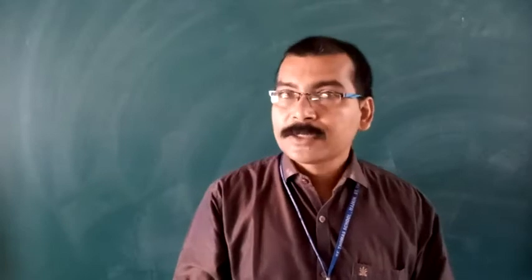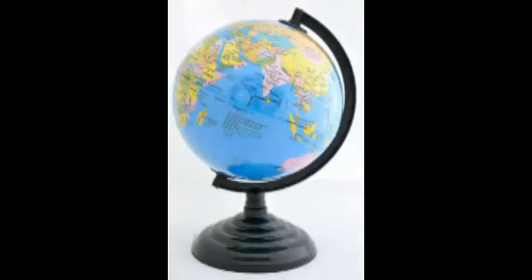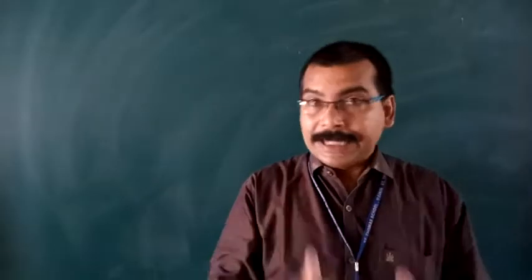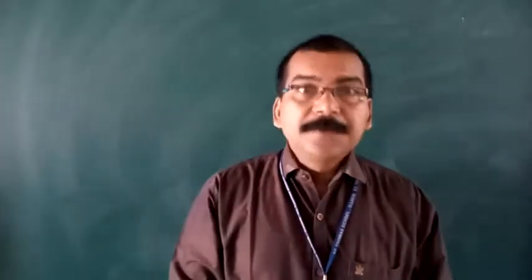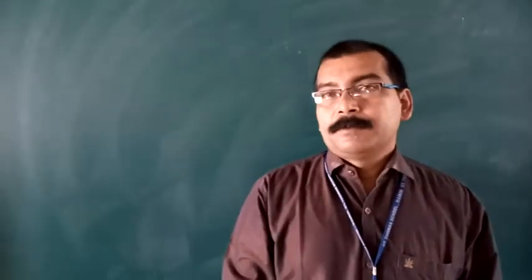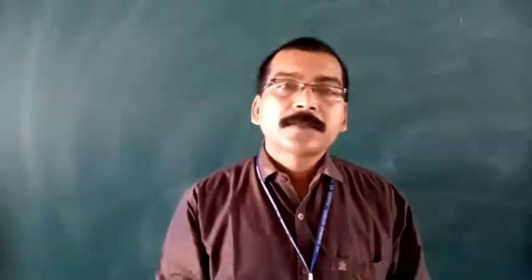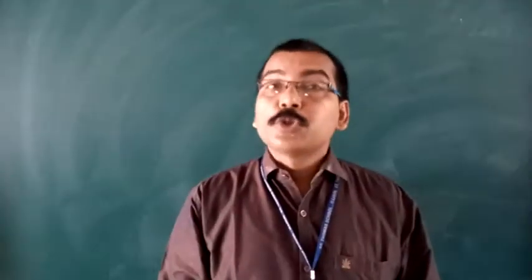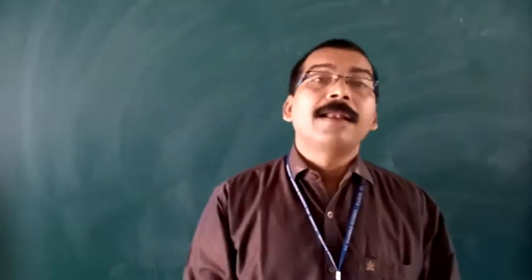exogenic or external forces. We know when we see the globe or the map, a large portion of the earth is covered underwater. Nearly 71% of the earth's surface is covered underwater and only 29% of the earth is land.